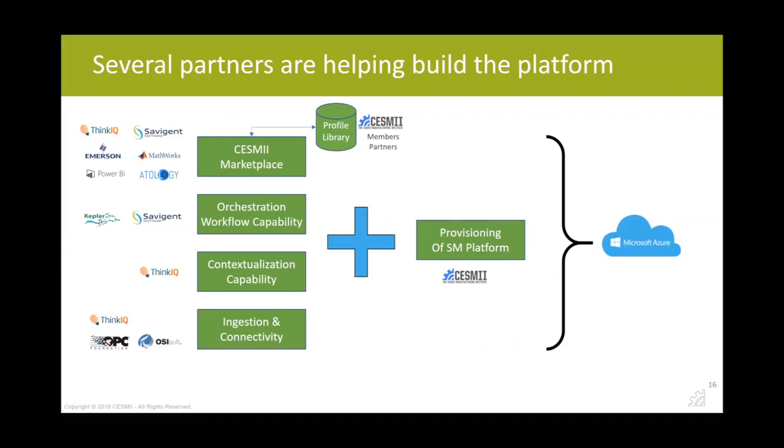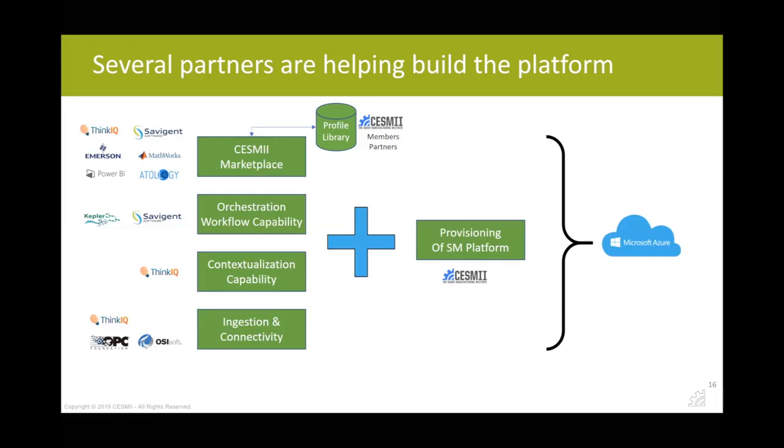I mentioned earlier on that we are making a tremendous amount of investment in the platform, but more importantly, there are several partners who've stepped up to help us realize this vision. What you're seeing here are some of the names that have stepped up, including partners like ThinkIQ, Savigent, Emerson, MathWorks, ATOLOGY, Kepler, as well as OSI.